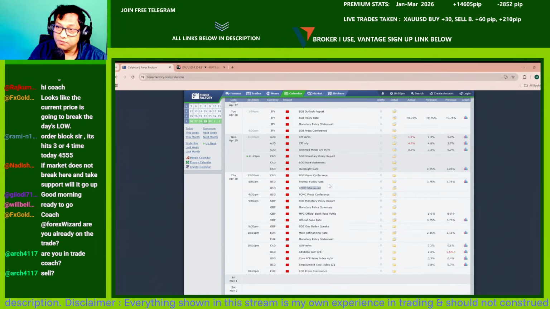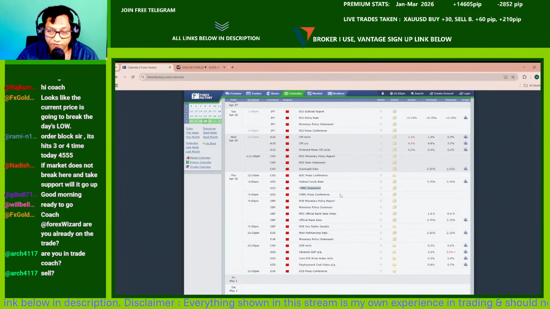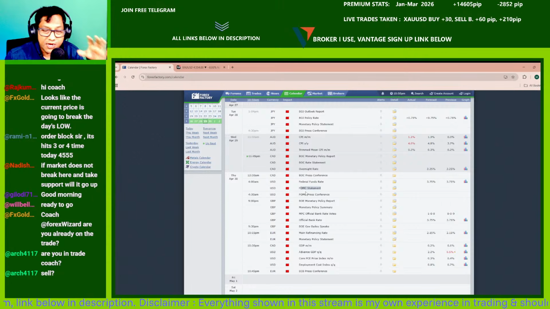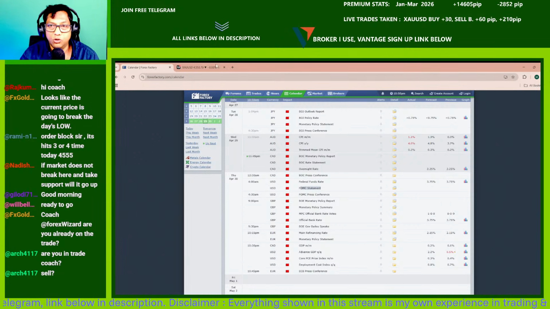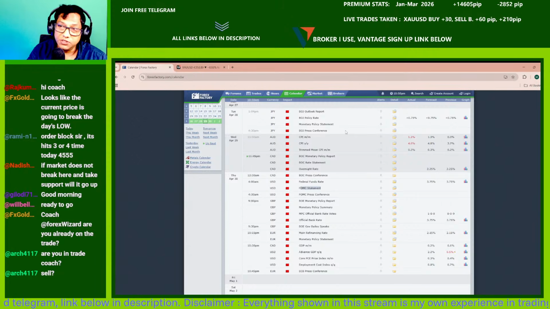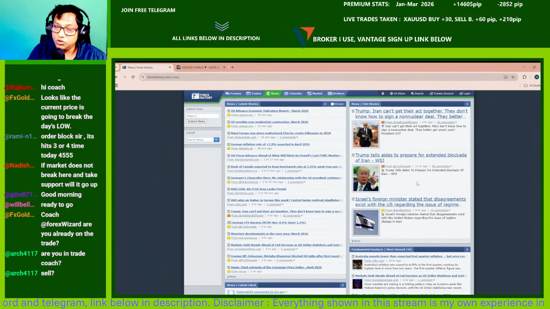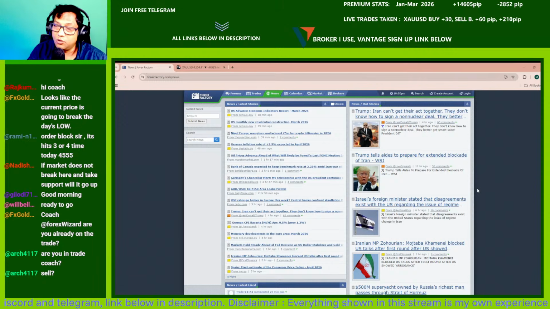FOMC is important because during that time period there will be significant volatility, and I might open a few positions during that time period or before it, and all those trades are also shared in the group. The FOMC is increasing the volatility at the moment. Going to the news to see the current sentiment.